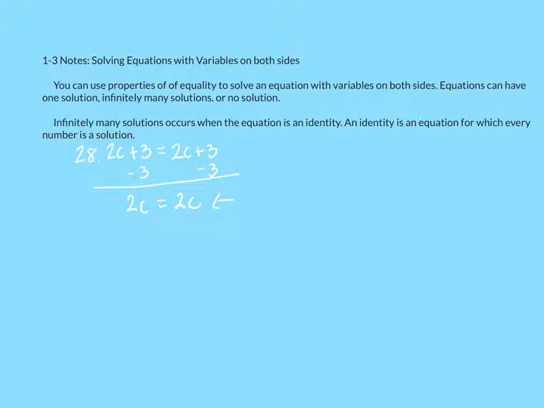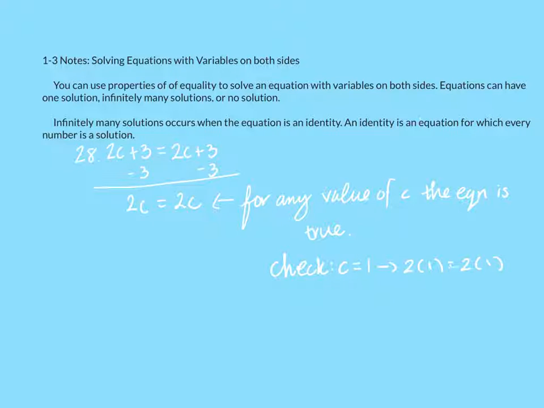So for any value of c, the equation is true. And we can check that. If I plug in c equals 1, then I get 2 times 1 equals 2 times 1. So 2 must be equal to 2. Yep. Then let's try a negative number. c equals -2.